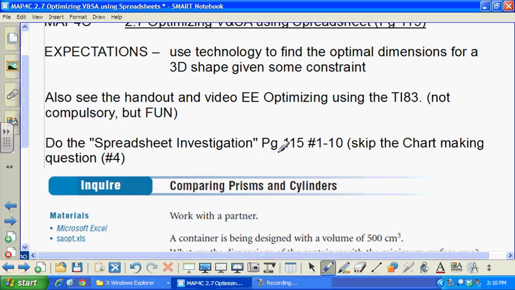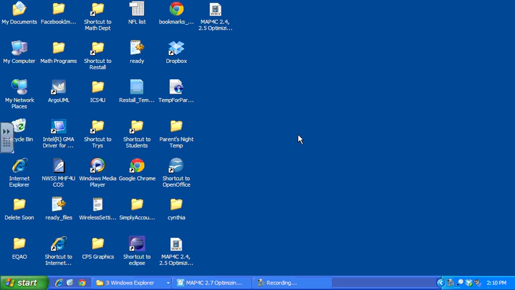All right, so where are the files for this? Again, what I would do, open Office first, which looks something like this. Go into Open Office first, Spreadsheet.